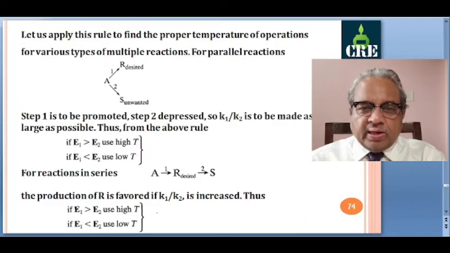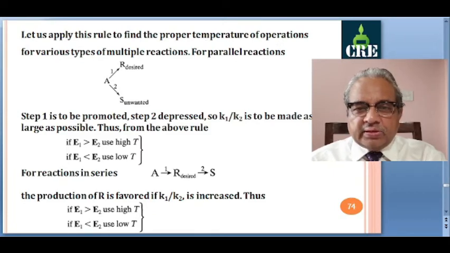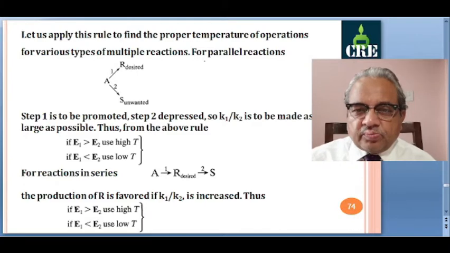This finding leads to the following general rule on the influence of temperature on the relative rates of competing reactions. So reaction in parallel: A gives R, A also gives S. R is desired product and S is unwanted product. Now we'll apply this rule to find the proper temperature of operations for various types of multiple reactions.